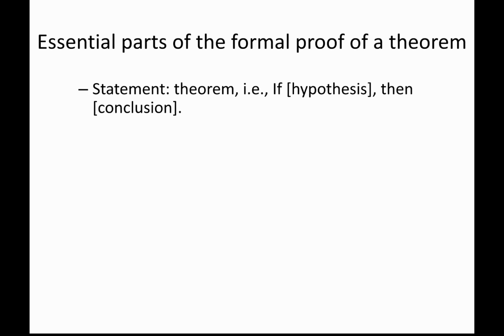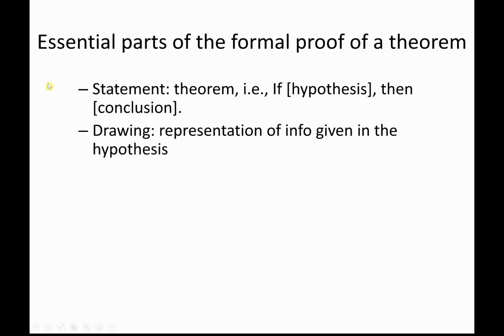Okay, so here are the 5 essential parts of the formal proof of a theorem. There's the statement, which is sometimes the only thing you will be provided with. It comes in the form of a theorem, and even if it isn't in the if-then structure, you can always write it as an if-then. So if hypothesis, then conclusion, is the usual way it'll be presented, but not necessarily.